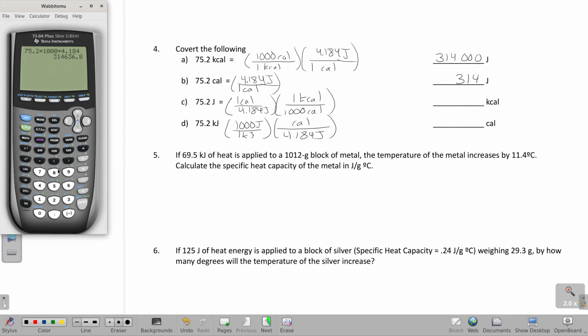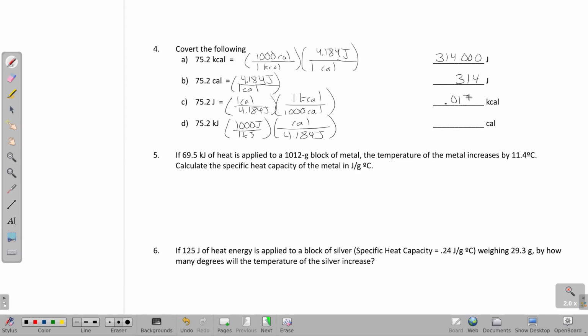Our next one, 75.2 divided by 4.184 and also divided by 1,000, we get 0.180 kilocalories.